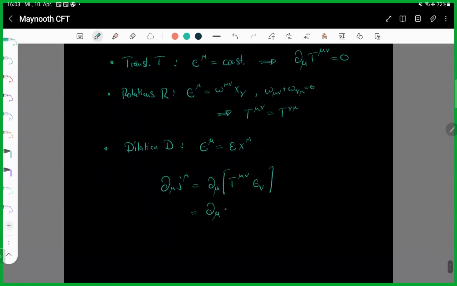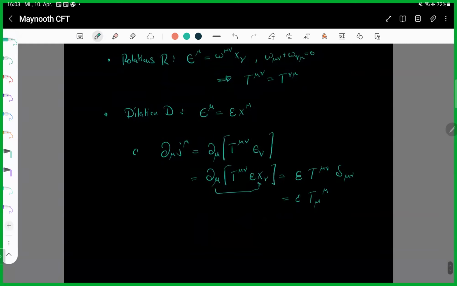Now we plug in del mu, T mu nu, epsilon x nu. I know that the energy momentum tensor is conserved, so the partial derivative really only acts on x. But what that gives me is an epsilon T mu. Well, actually, let's just write T mu nu and then delta mu nu, and that's just epsilon T mu.